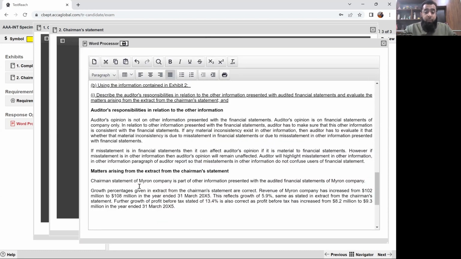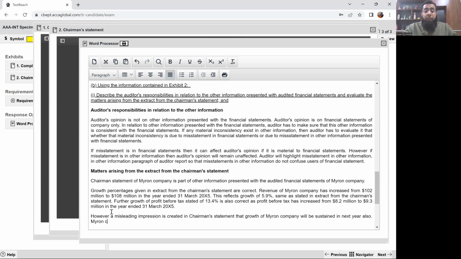However, a misleading impression is created in the chairman's statement that growth of Myron company will be sustained in the next year also.